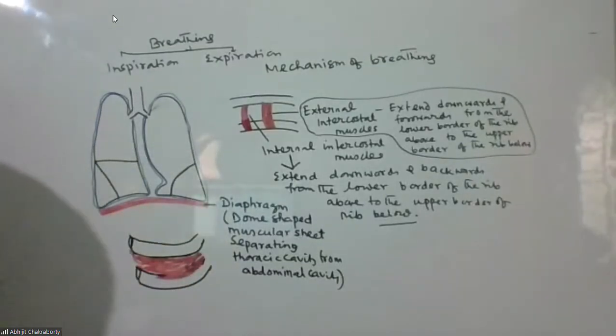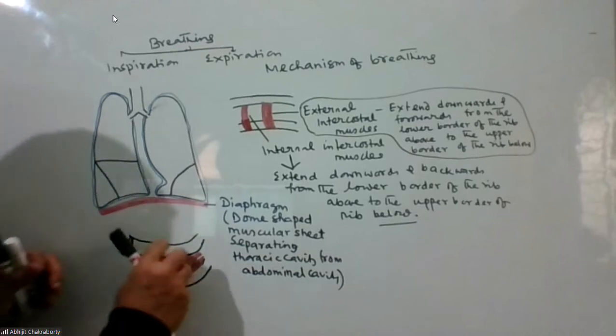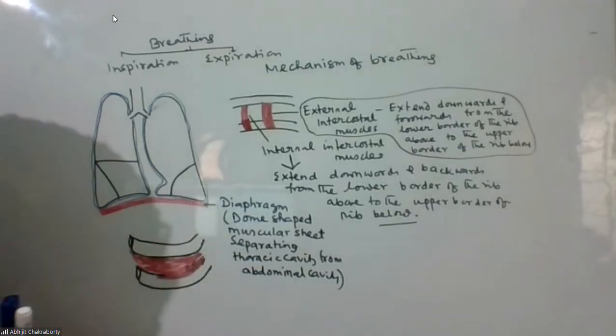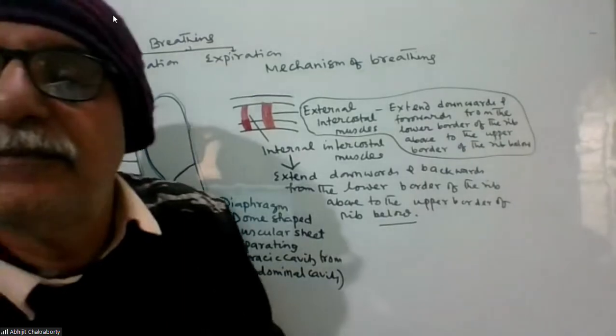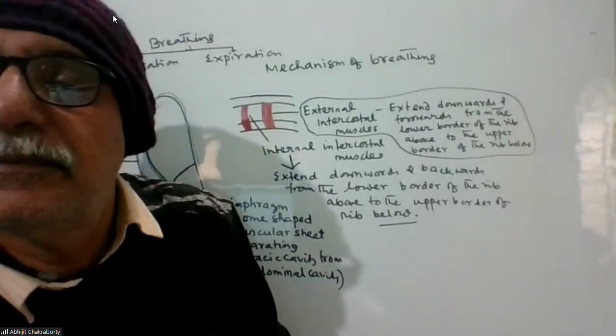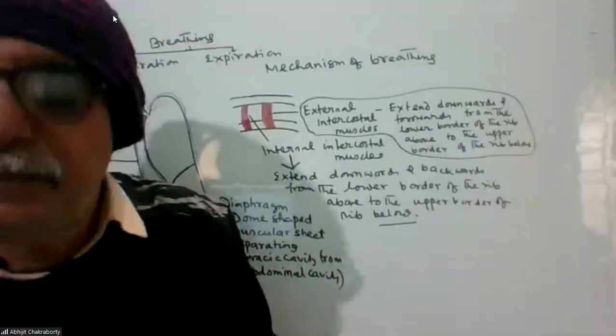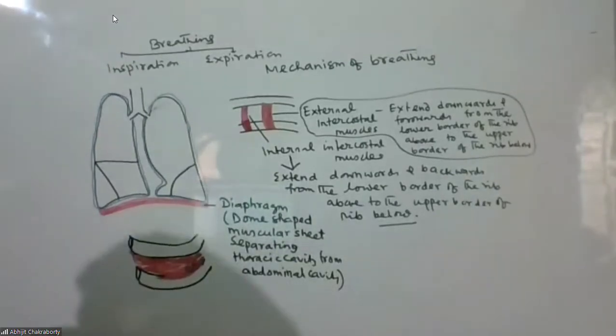This is the internal intercostal muscles, in between the ribs. Is it clear now?